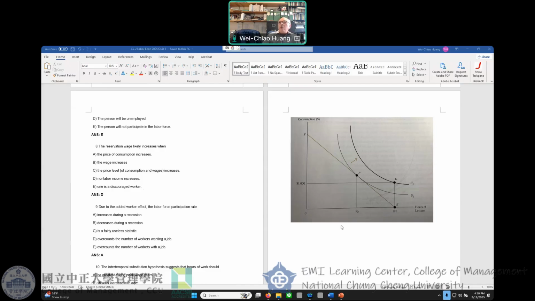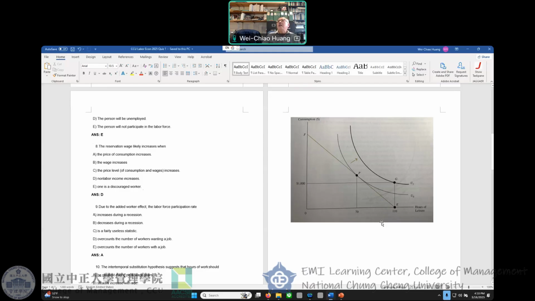So compared to no cash grant available, this person is facing the budget constraint of EF. Now, with the cash grant, which is take it or leave it, this person would take it if the person has not worked at all, and therefore 110 hours of leisure, and on this point G, endowment point, corresponding to $1,000 of non-labor income.